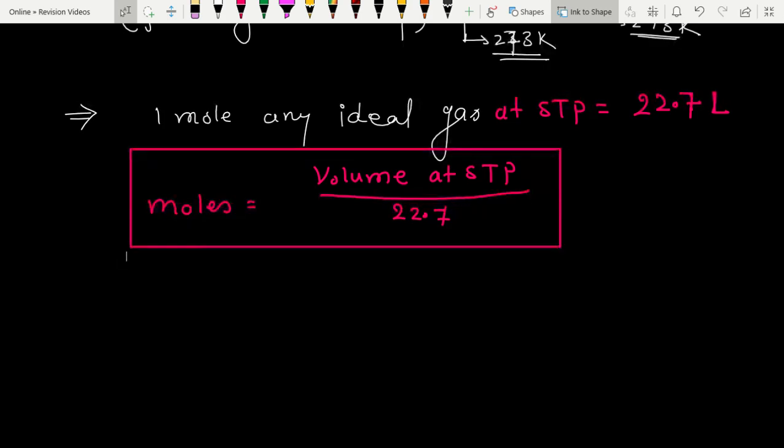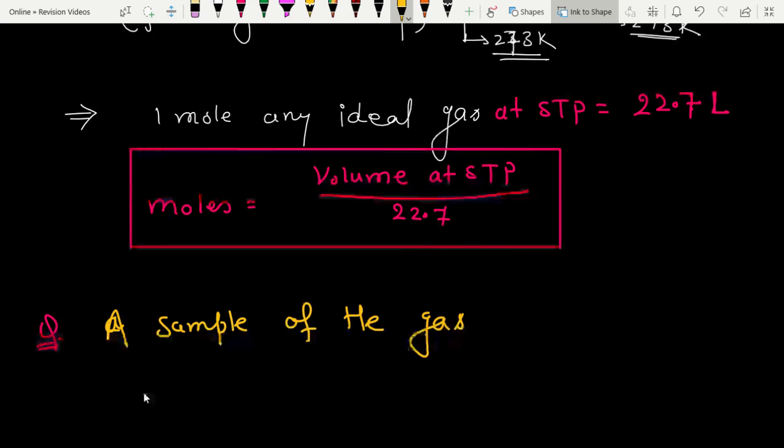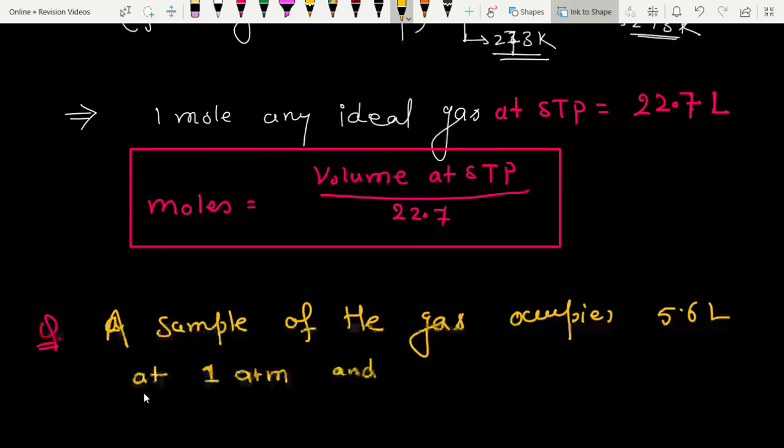The question is: a sample of helium gas occupies 5.6 liters at 1 atm and 273 Kelvin temperature. How many moles of helium gas are there in the sample? Moles are being asked.